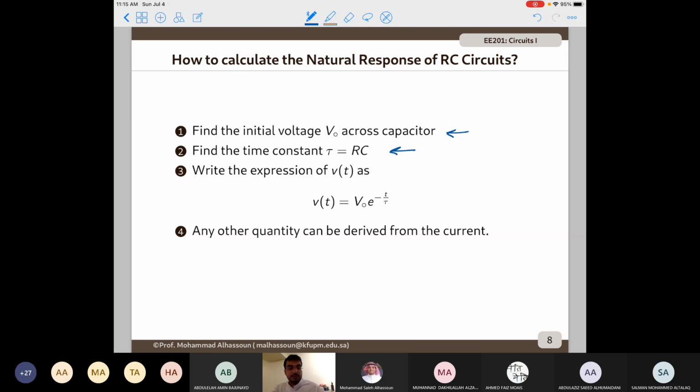After that, we have everything we need, and all we need to do is substitute, for t greater than t0. Any other quantity you can derive from the voltage. Does that answer your question?